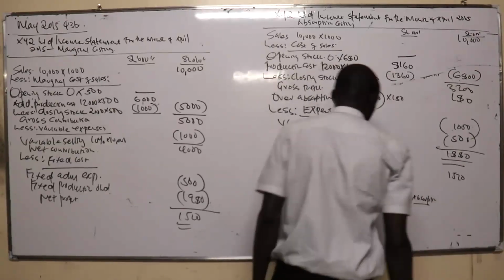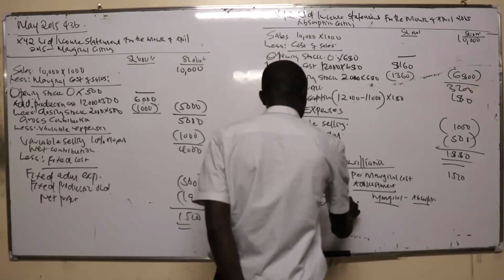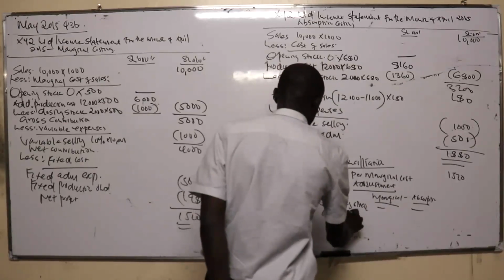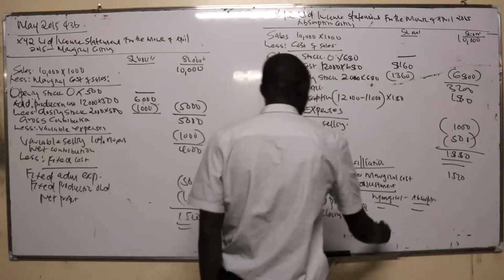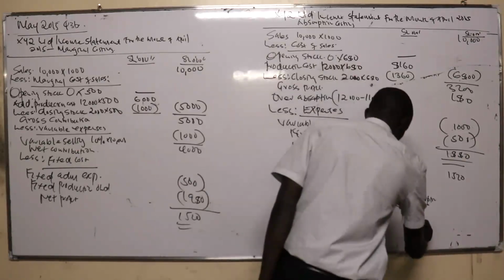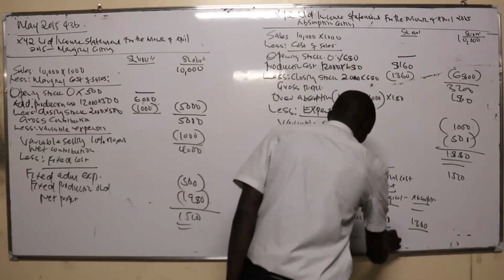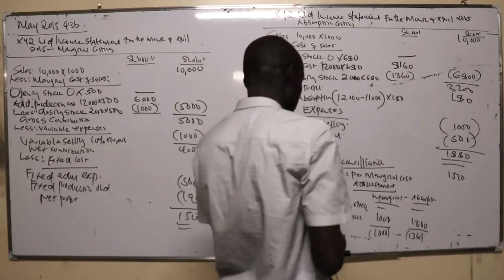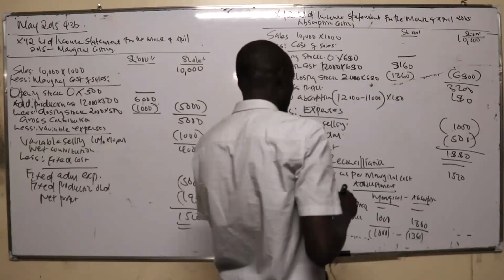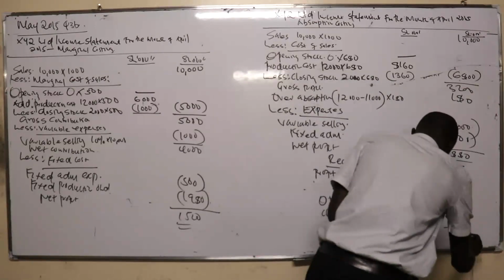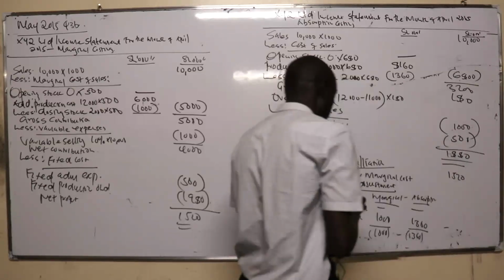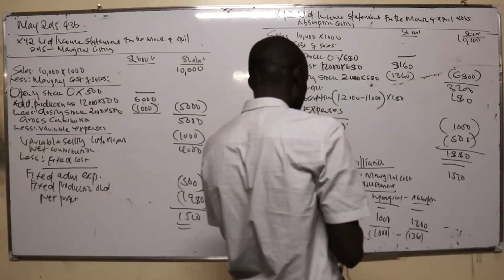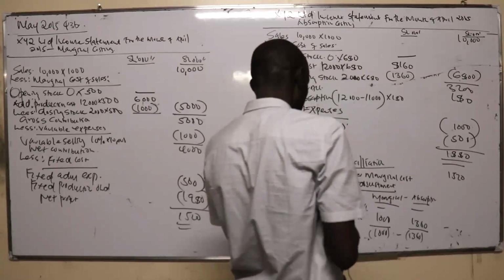The opening stock minus closing stock: minus 1,000 minus 1360.